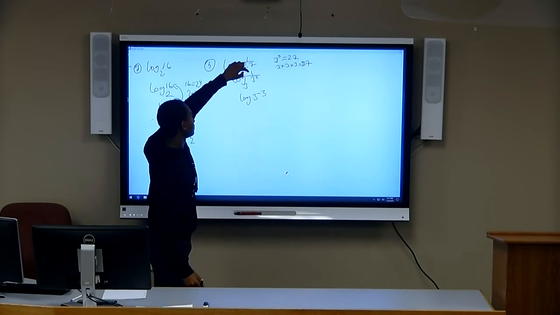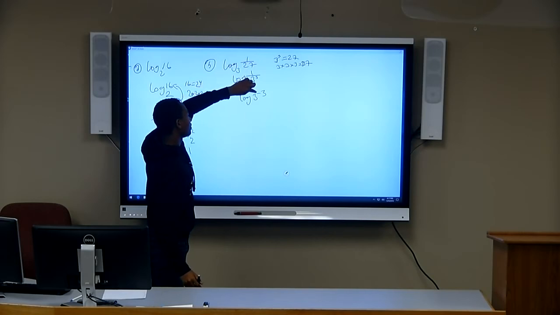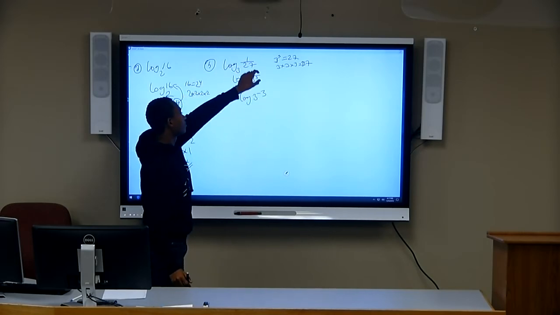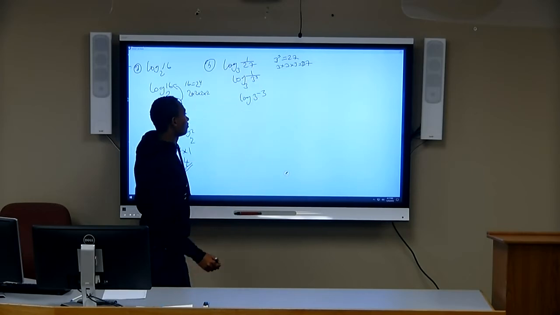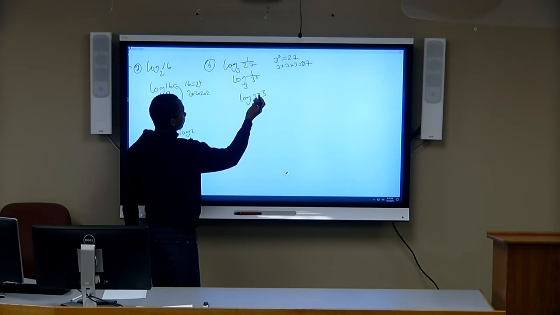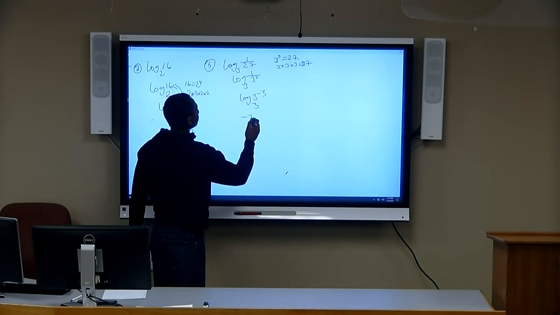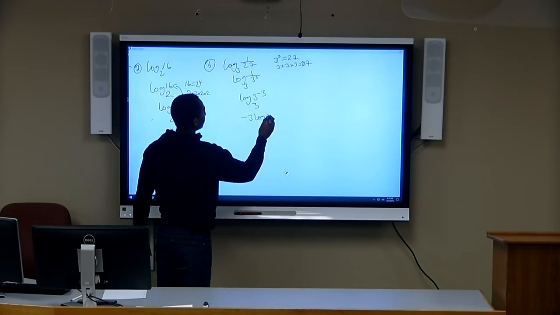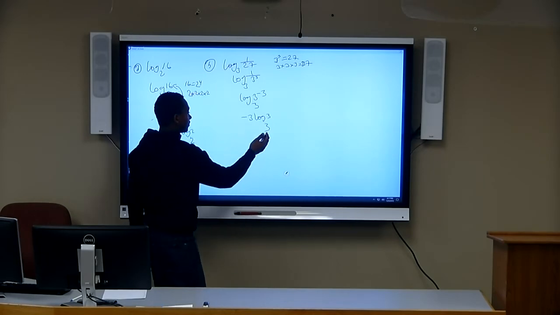Like we put this thing up. This thing is like the inverse: if we take it up, we're going to put a negative here. This thing is the same as 3 raised to the power negative 3, same as 1 over 3 raised to the power 3. So we get base 3. So we can bring this negative 3 down here. It's going to be negative 3 log 3 base 3. Log 3 base 3 is 1.